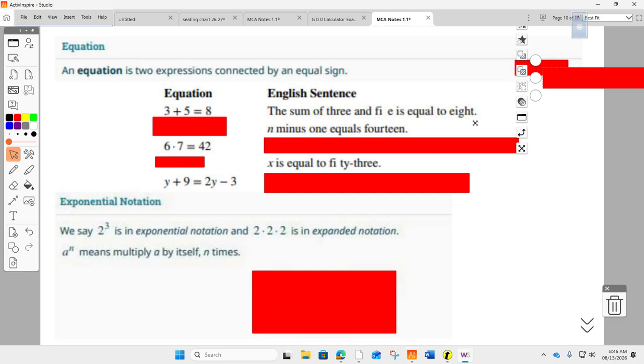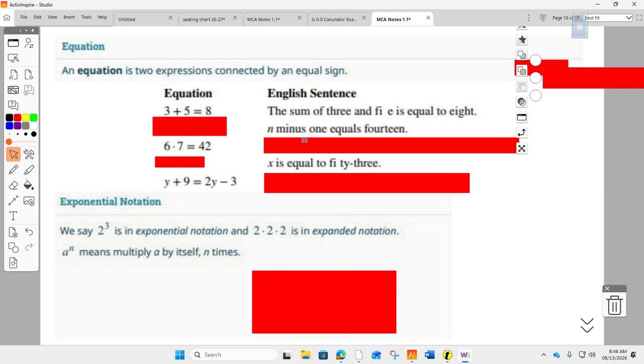Could we have just said 3 plus 5 equals 8, spelled out the word plus? We sure could. We can go a bunch of ways verbally. So there's only one way to go from a verbal expression to an algebraic equation. There's a bunch of ways to go from that equation, that mathematical sentence, to a verbal one.